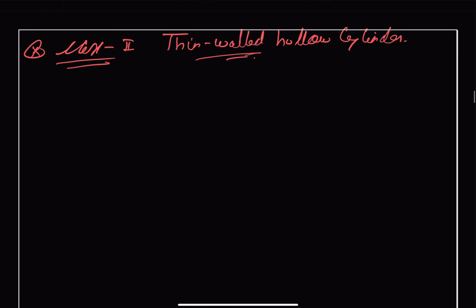And for that, our I, moment of inertia, is equal to mr square. Therefore, we can say our acceleration A will be equal to F upon m plus mr square upon r square. R square and r square go away. So we get this will be equal to F upon 2m.